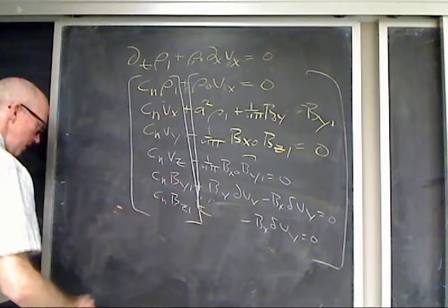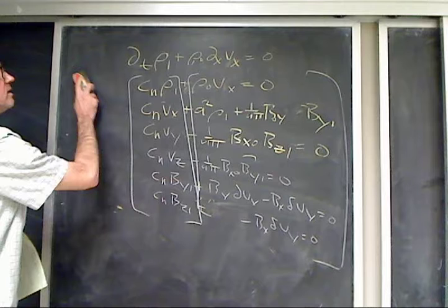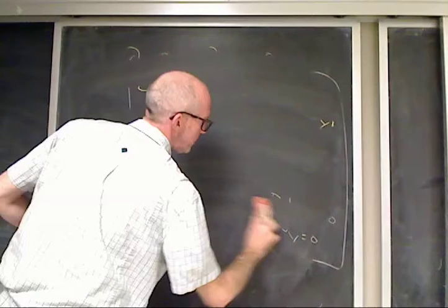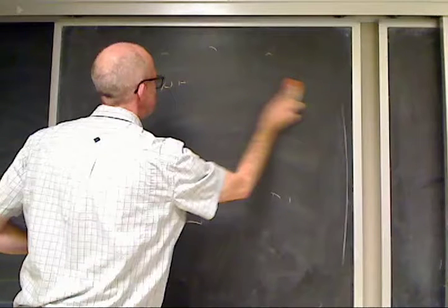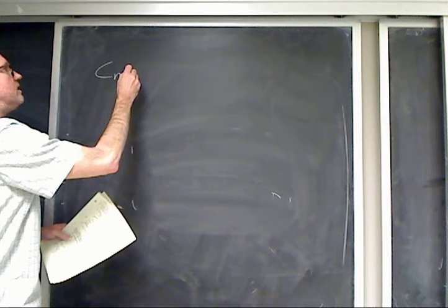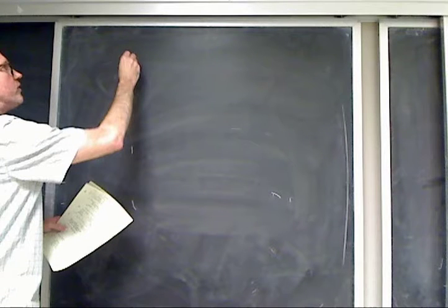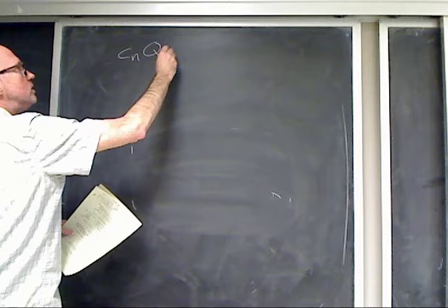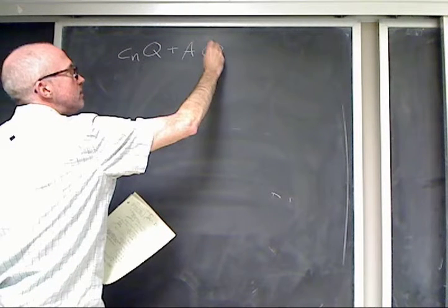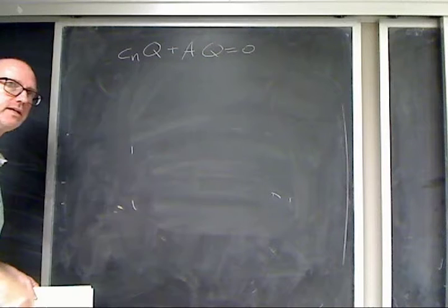Then I'm left with a thing I have to take an eigenvector of, which isn't super painful, but I'm not going to do it. So we had Cn times Q plus matrix A times Q equals 0.